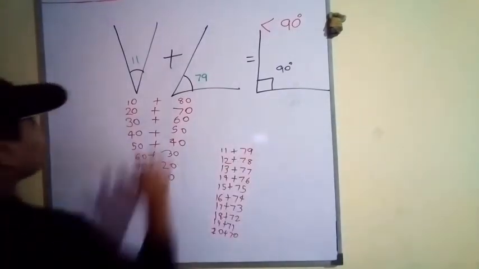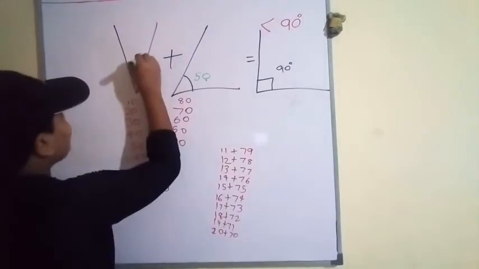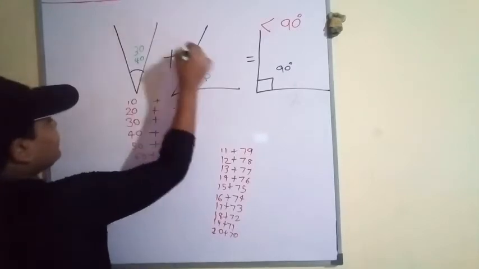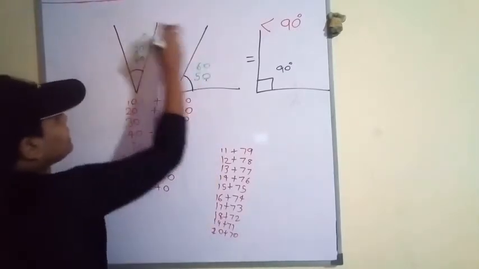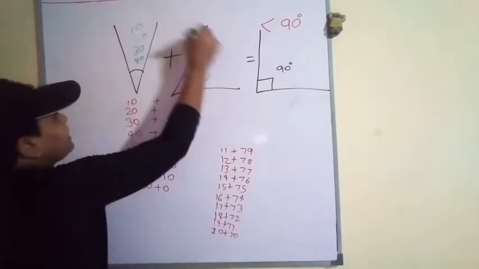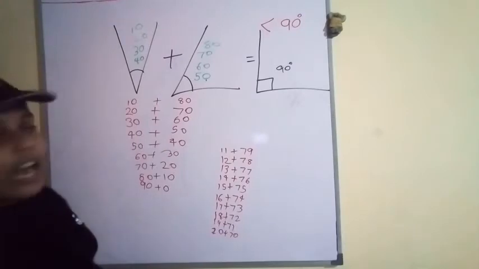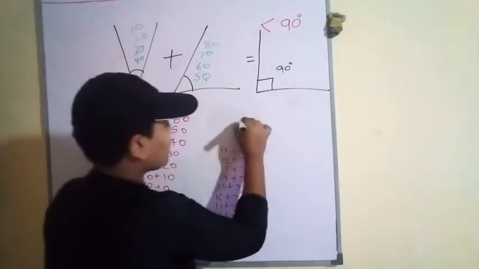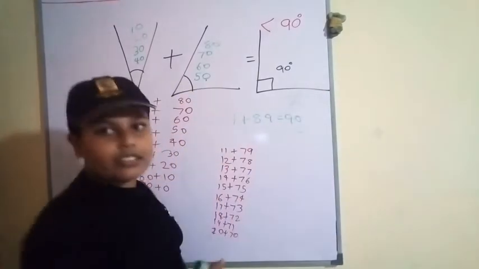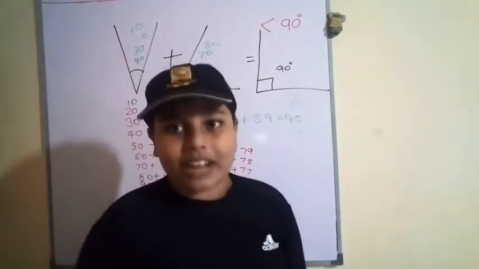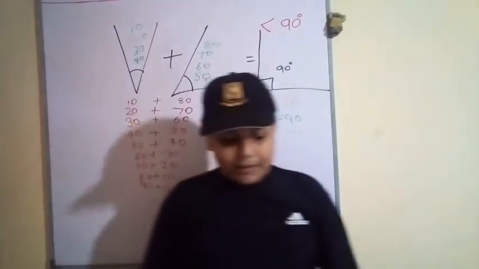Now you can get these two as this is 50, this is 40. Now this is 30, this is 60. This is 20, this is 70, this is 10, this is 80. I can also get 1 plus 89, 90. Now that are the complementary angles.